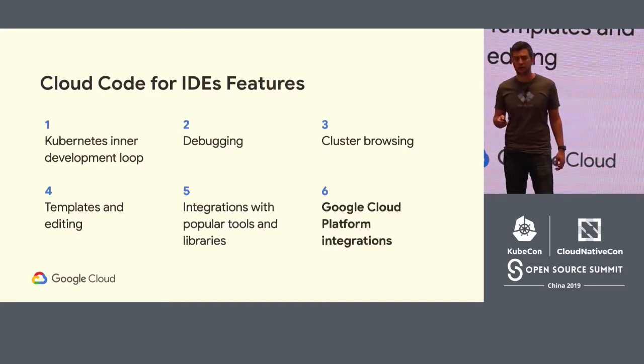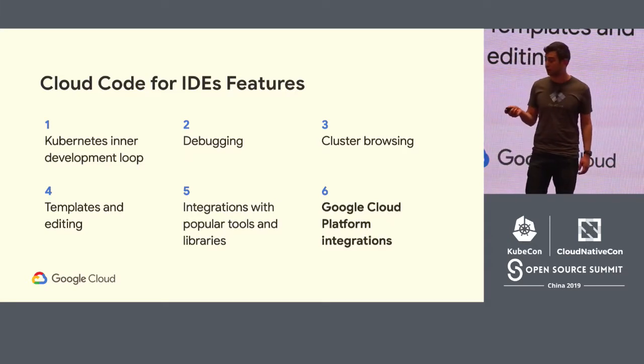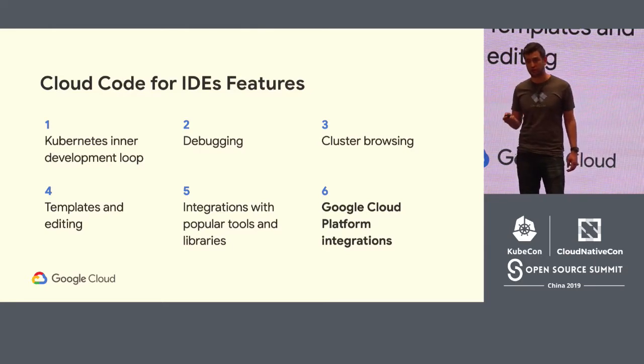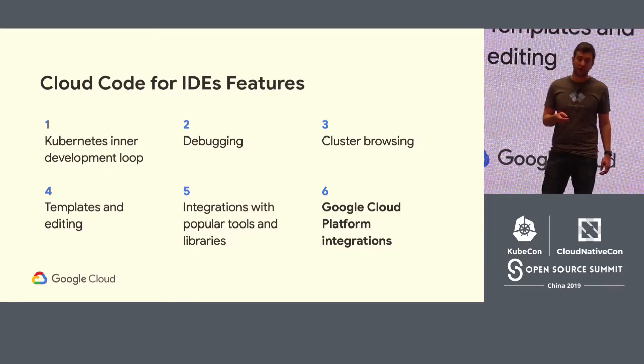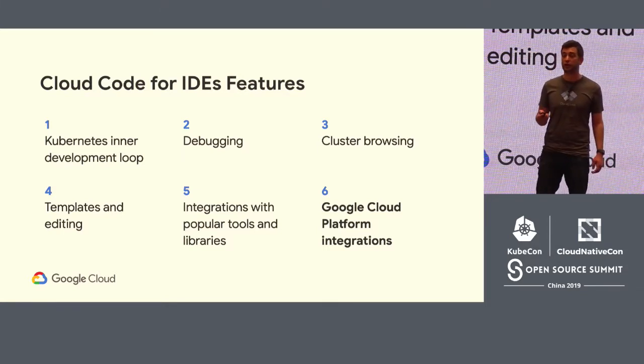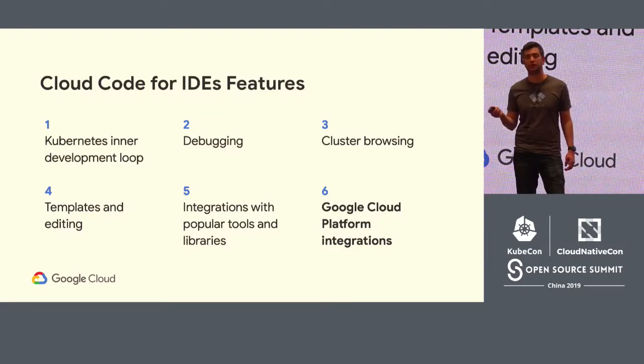And lastly, if you happen to be using Google Cloud Platform, GCP, we also have some key integrations there. So for example, we have an API browser. It lets you discover available APIs right from your IDE, things like the Google Cloud Vision API, which I'll show you a little bit in the demo later.